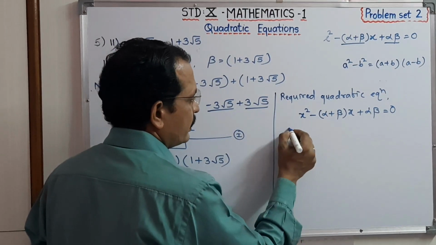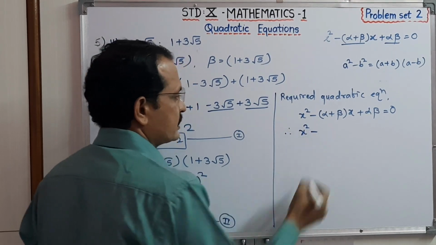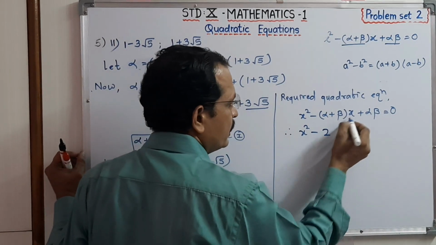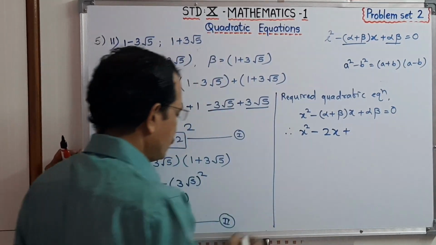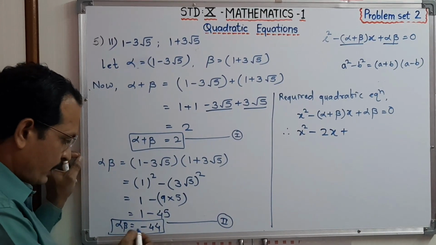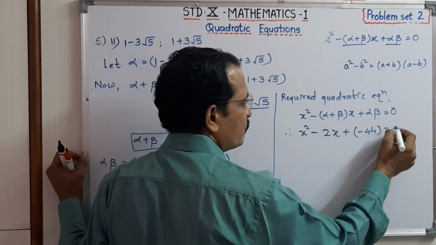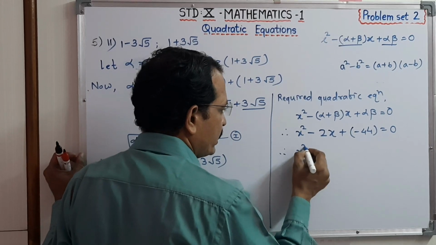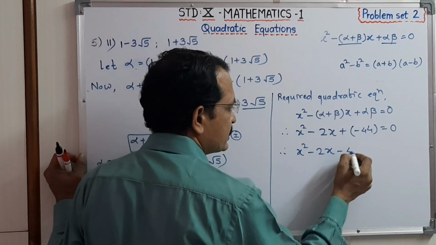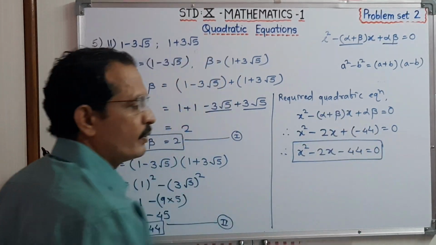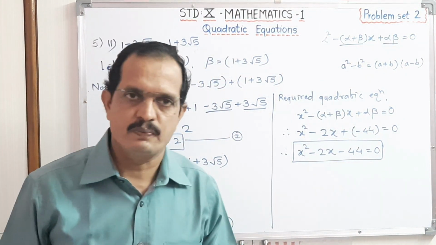Therefore we can write here x square minus, from first we know alpha plus beta is equal to 2, this is x, plus from second we get alpha into beta is equal to minus 44. Therefore it is minus 44 is equal to 0. Therefore we get here x square minus 2x minus 44 is equal to 0. This is the required quadratic equation.